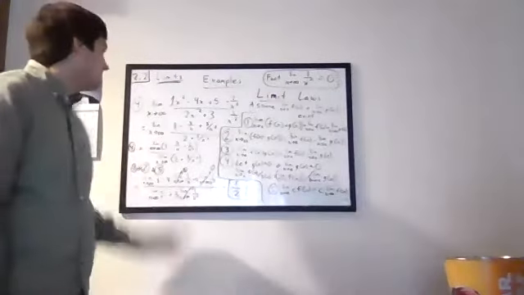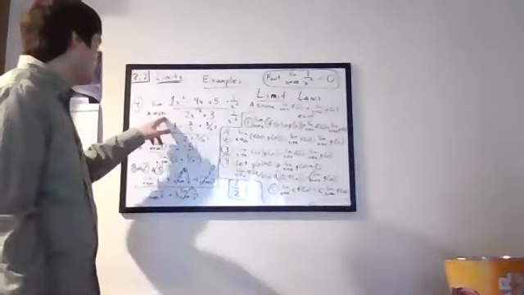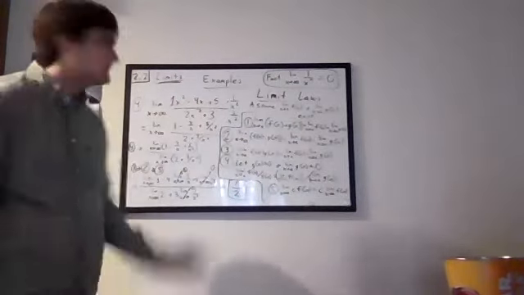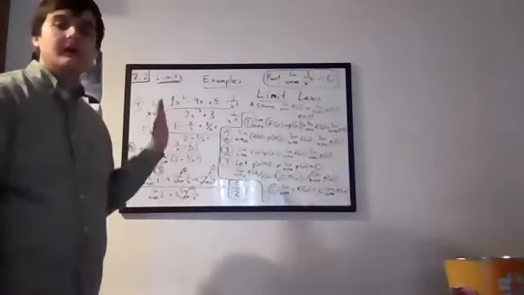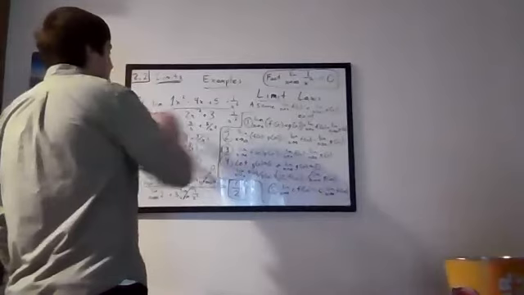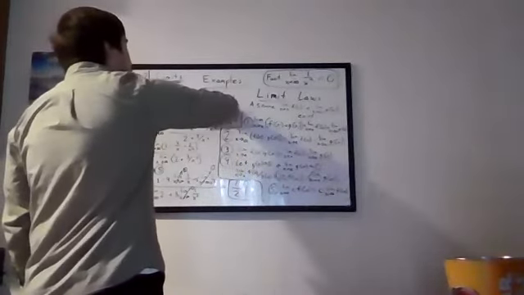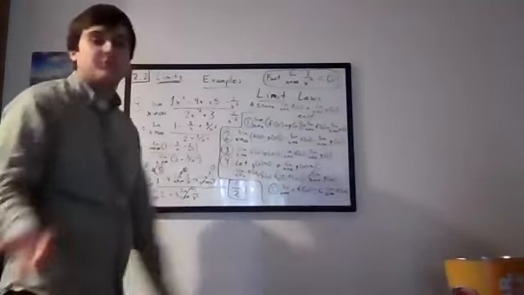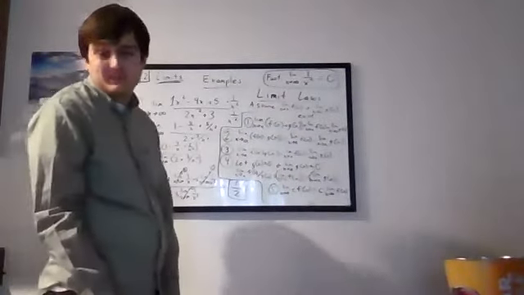How about that? Because what's going to happen as we go towards infinity is that this 4x, this 5, and this 3 aren't going to matter. It's only going to be the x squared terms. And so as we move towards infinity, that's kind of all we're seeing. And so you're just going to be left with 1 over 2. That's really all it's going to be.